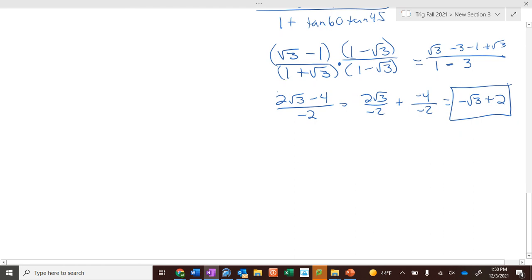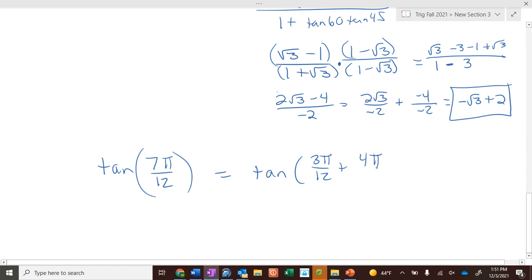Okay, let's do another one. Let's say we have the tangent of 7 pi over 12. All right. What two things add up to be 7 pi over 12? 3 pi over 12 and 4 pi over 12. I want you to think of this in terms of the radians.